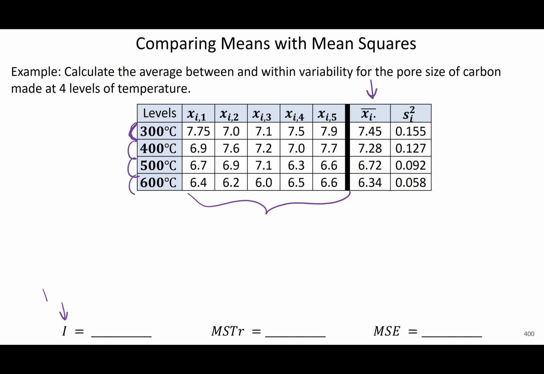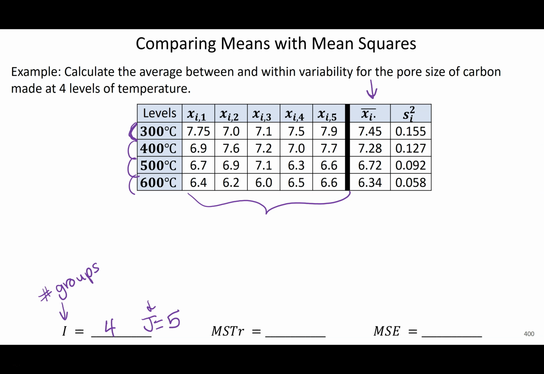So here, this is my number of groups. This is going to be 4. Conveniently, we have the same number in every single sample. So J is going to be 5. We have 5 observations for each temperature treatment.